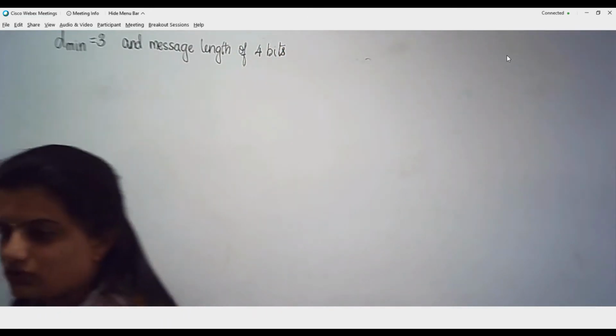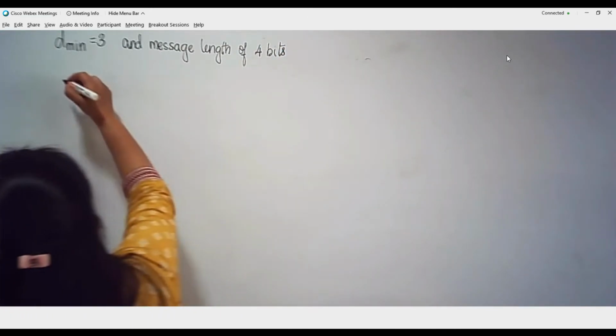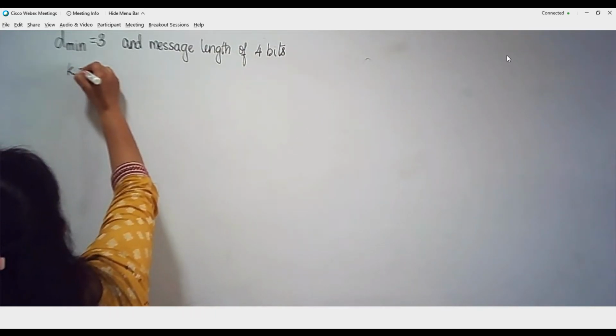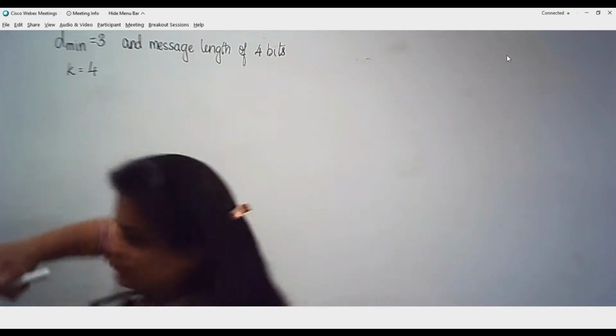Okay, so what they have given us is dmin, which is equal to 3, and the k value they have given as 4.